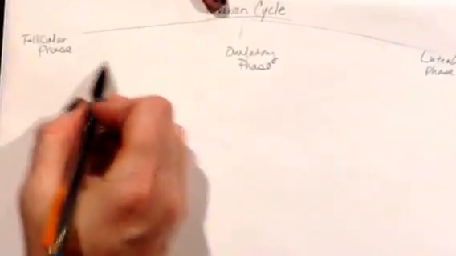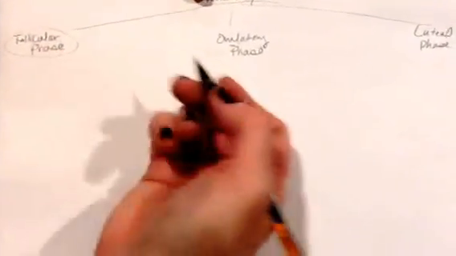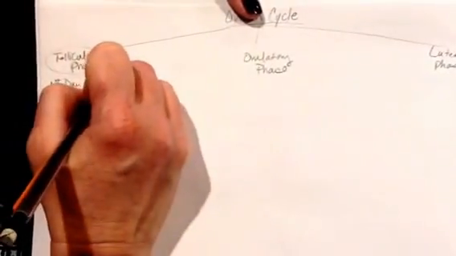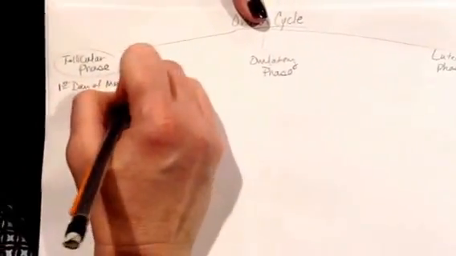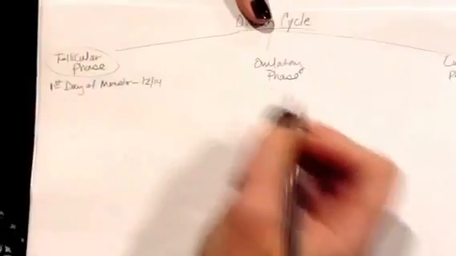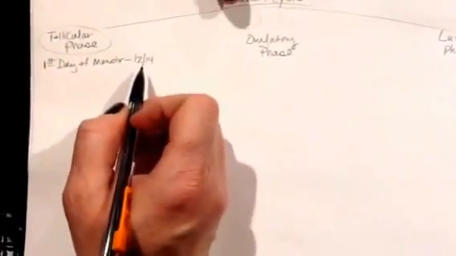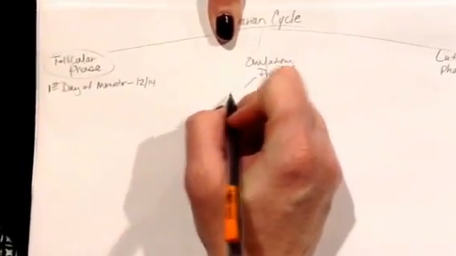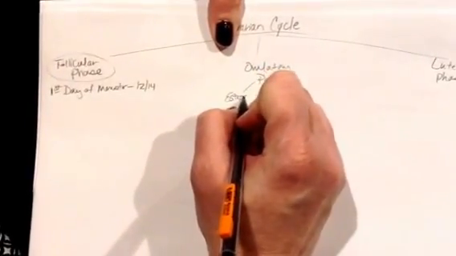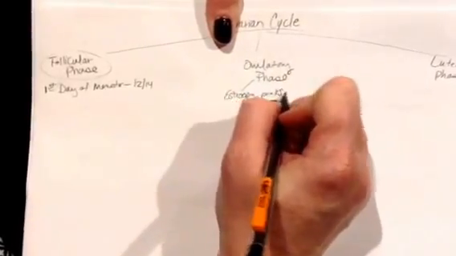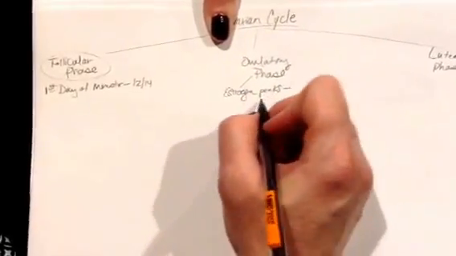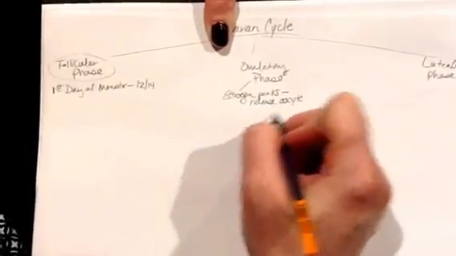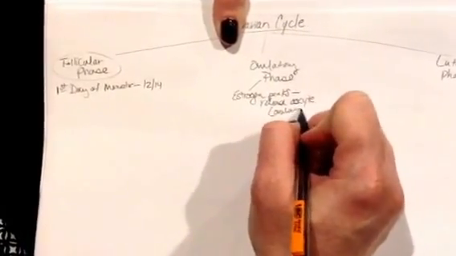Now, the follicular phase. This phase occurs from the first day of menstruation, and this goes to approximately day 12 or 14 of the menstrual cycle. The ovulatory phase. This begins when estrogen peaks, and it ends with the release of the oocyte, or better known as ovulation.